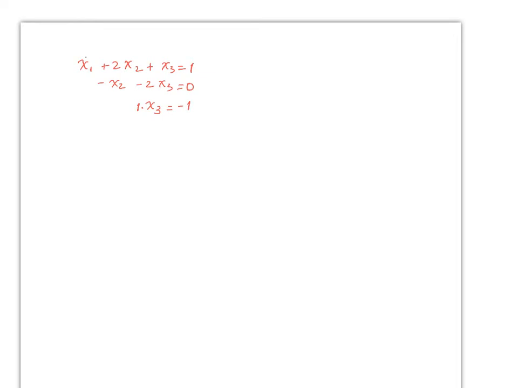Now, since we're doing backward substitution, the first thing we should do is solve for x3. So clearly x3 is equal to -1 divided by 1. Over here, this one is A34. Well, this one clearly is A33. And the answer to this is just equal to -1.